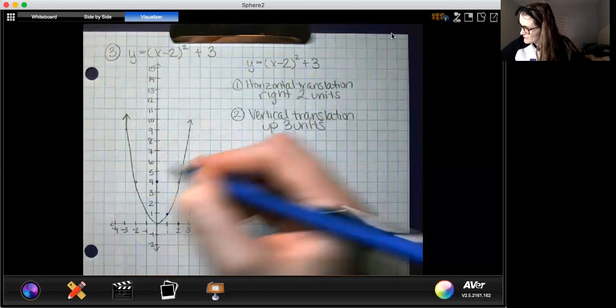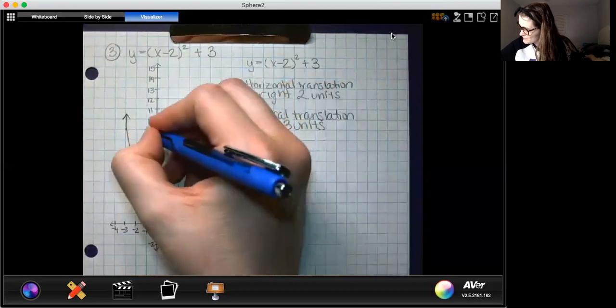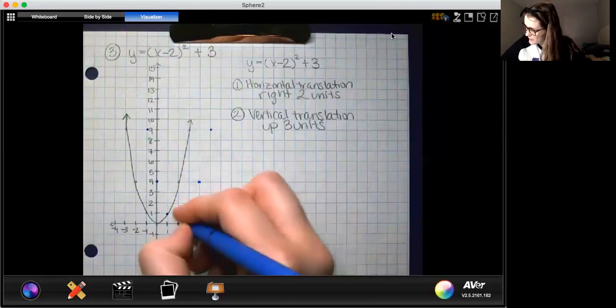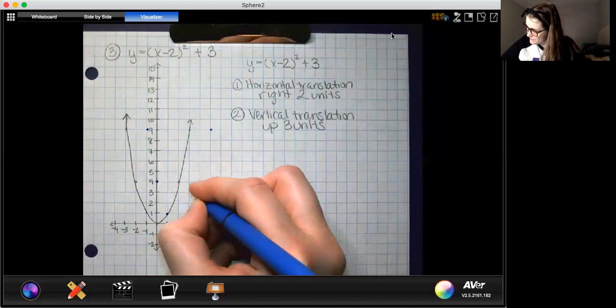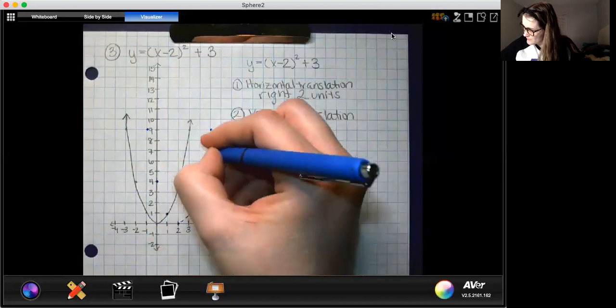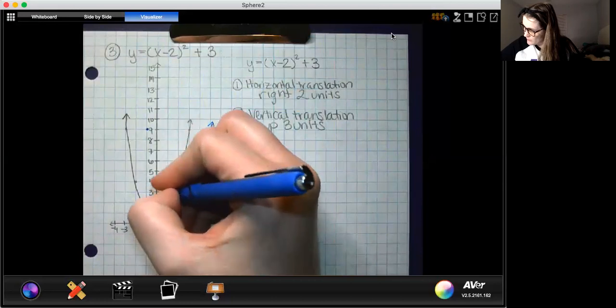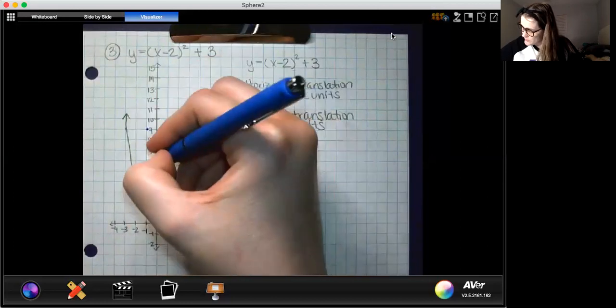Okay. Now, rather than connecting this with a solid line, I'm going to do a dashed or dotted line because this will not be my final image because I have more than one transformation to complete.